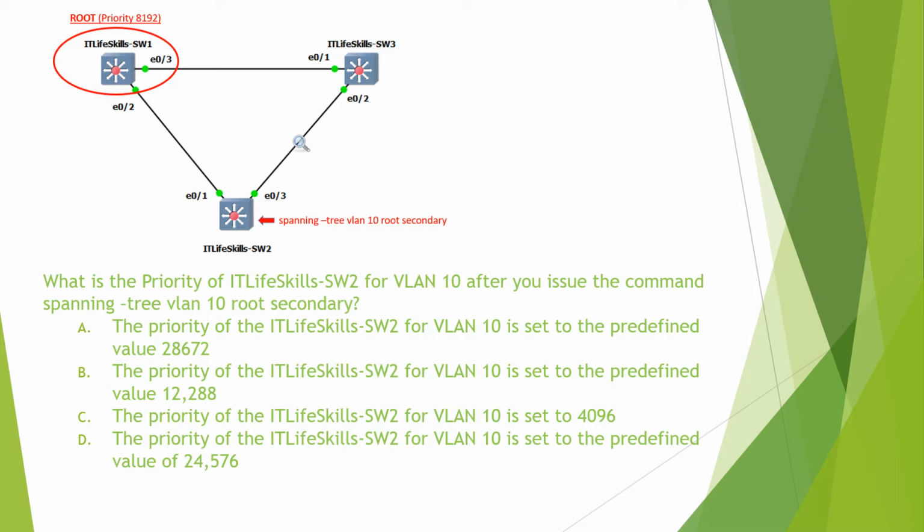The question reads, what is the priority value of IT Life Skill Switch 2 for VLAN 10 after you issue the command spanning-tree VLAN 10 root secondary?